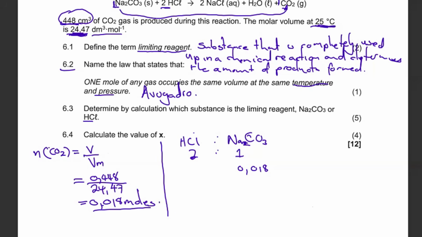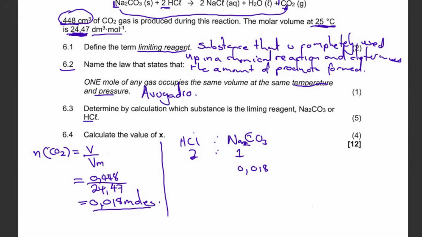So what does that mean? It means this one is half of this other one. So if it's 1:2, then at the end of the day, what we're going to have is 0.09.